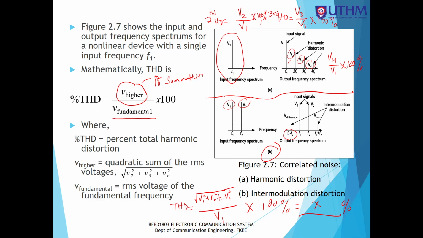We call it difference because it is located at the lower side frequency. We call it sum because it is located at the upper side frequency. So F1, F2 are the inputs. The V difference is located at F1 minus F2. V sum is located at F1 plus F2.